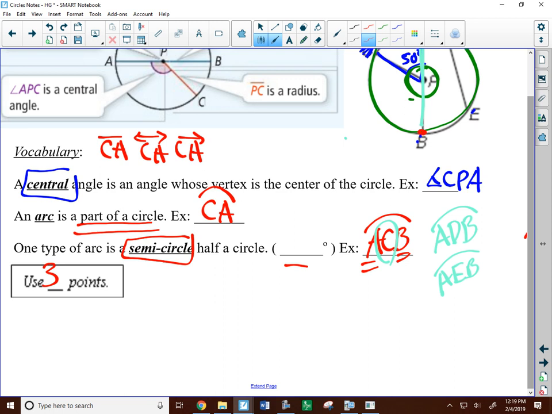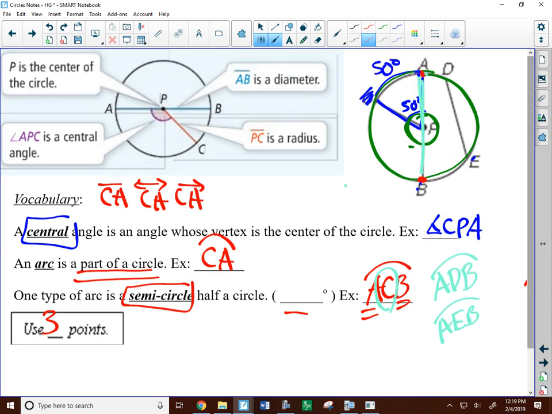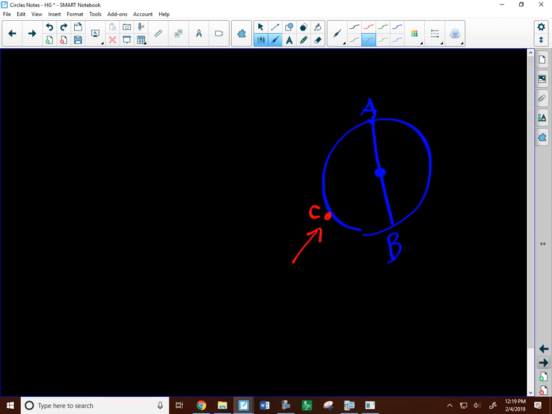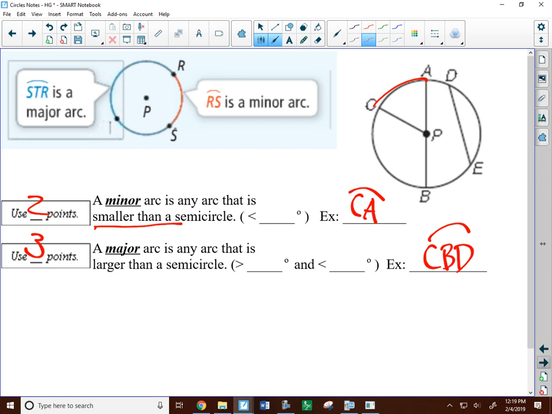Okay, so as I was mentioning here, they have measure, the 50. So semicircle is 180, half the circle, circle 360. A lot of what we'll do is find minor and major arcs and their measure.